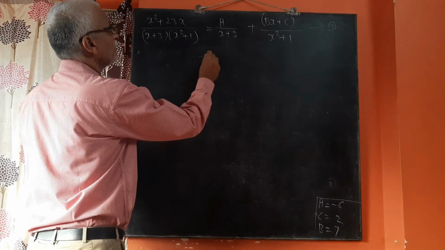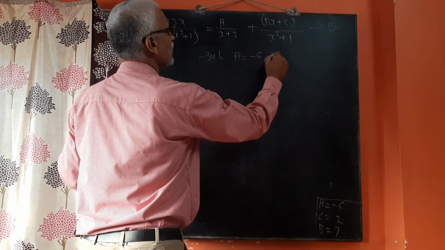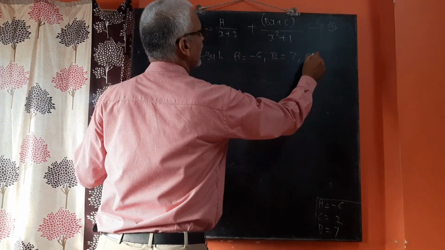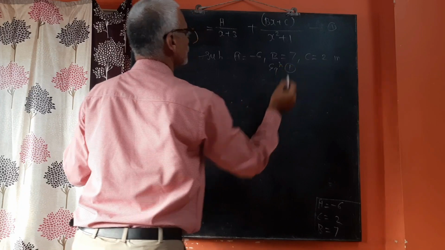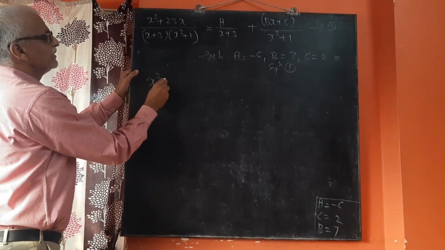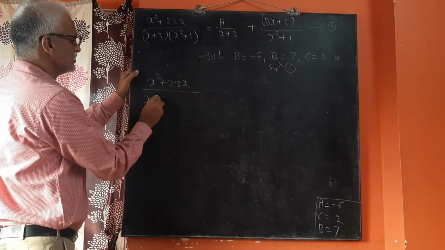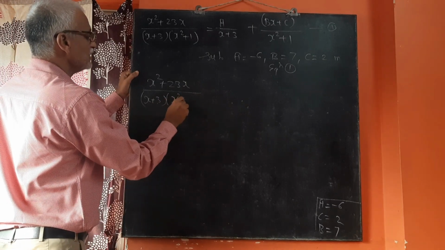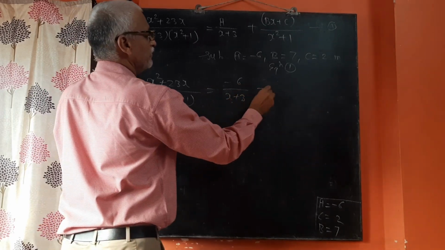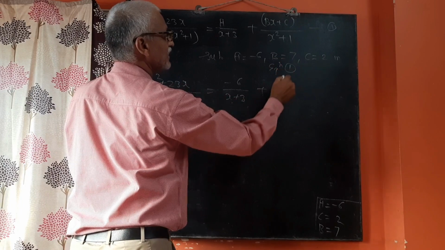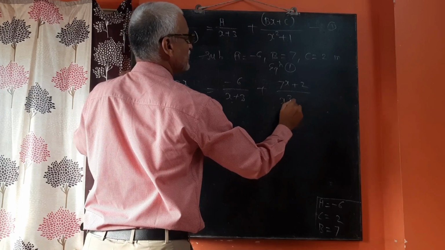Substituting a equals -6, b equals 7 and c equals 2 in equation 1, we get (x square plus 23x) divided by (x plus 3) into (x square plus 1) equals -6 upon x plus 3 plus (7x plus 2) divided by x square plus 1.